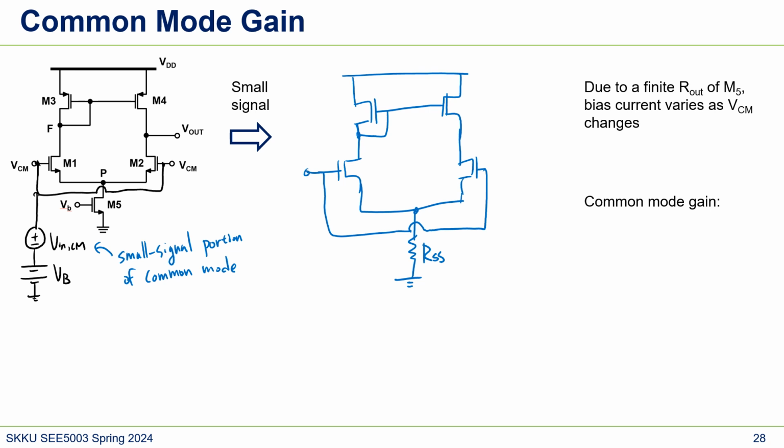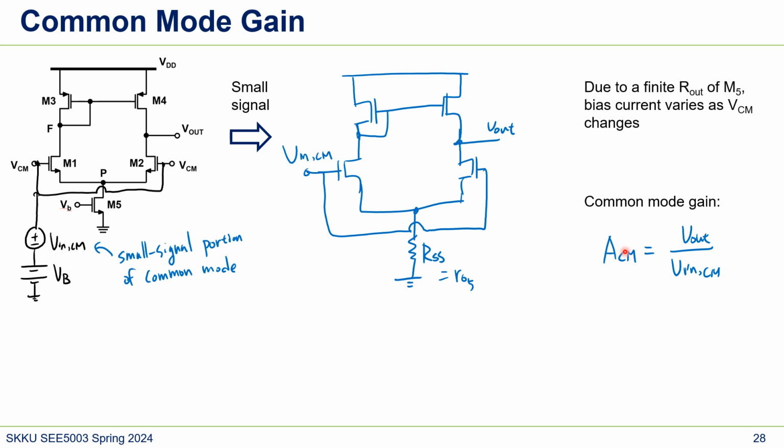And here V in CM. Well, RSS is what? That's RO5, right? So common mode gain is defined as V out over V in CM. So it's basically how much voltage of V out changes when we change V in CM.